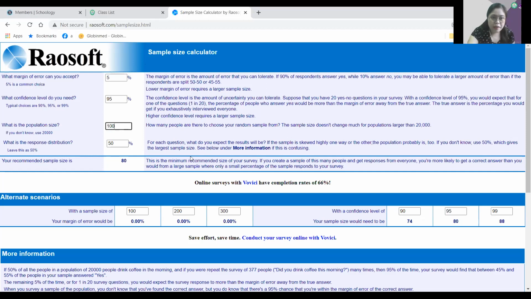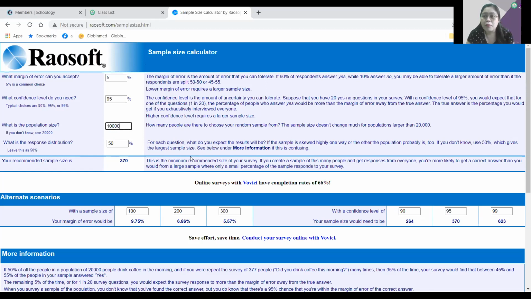So if it is still 10,000, just put 10,000 there and there will be a recommended sample size, and that is 370. So it differs from Slovin's formula. Earlier, with Slovin's formula, that was 385. This time, for the Raosoft calculator, that's 370.